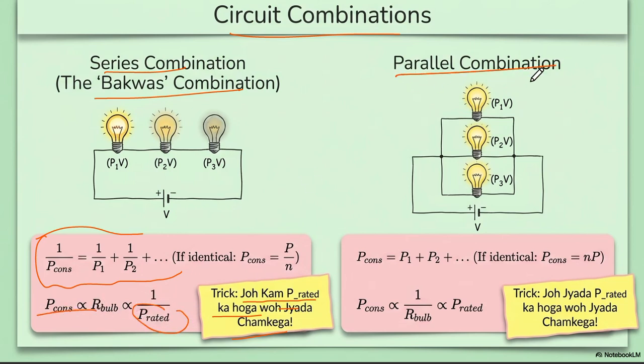But in parallel combination we are simply adding the powers, so here power is increasing, so it is directly proportional to the P rated. So in the parallel combination, the one with the higher P rated will glow brighter. So this is the trick in series and parallel combination, so remember it for your exam.